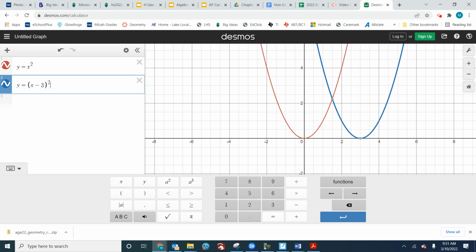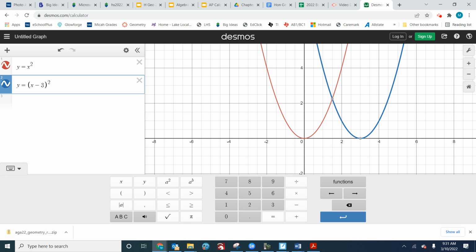Now, watch. We're going to move the parabolas today. Guys, watch means look up here. Please. And thank you. The first movement is we're going to have either x minus a number or plus a number in the parentheses, and that's what we did here, quantity squared. Which way did it move it?